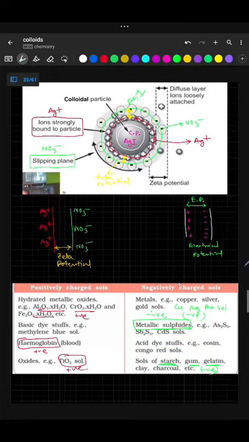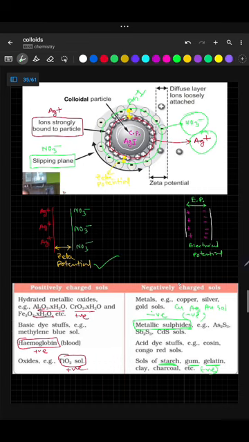Due to having a positive and a negative layer, one layer is positive, by the way, and another is negative, it creates a potential which is known as zeta potential. The inner layer here is strong, the slipping plane is there, but the diffuse layer is loosely attached, and it creates a potential energy between them which is known as zeta potential.